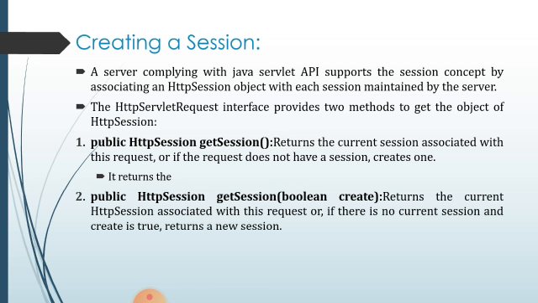Okay, it has 2 methods to get the object of HTTP session. What are the 2 methods? Public is an access specifier, you don't mind that, but HttpSession getSession is a method. First, getSession is one method, and getSession with a parameter is another method. getSession returns the current session associated with this request, or if the request does not have a session, creates one.